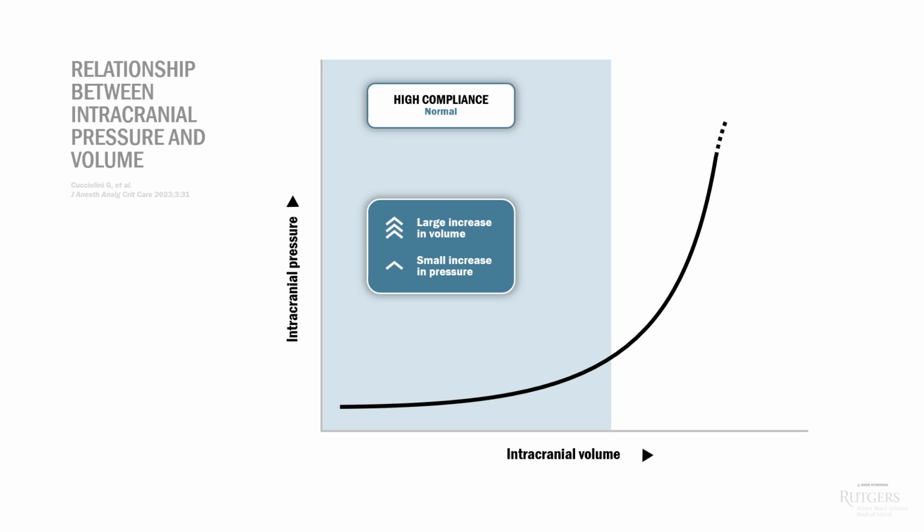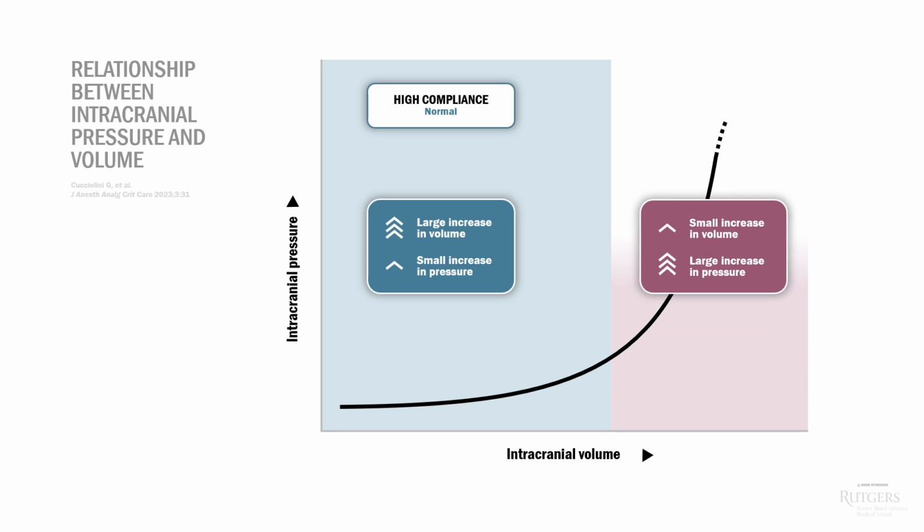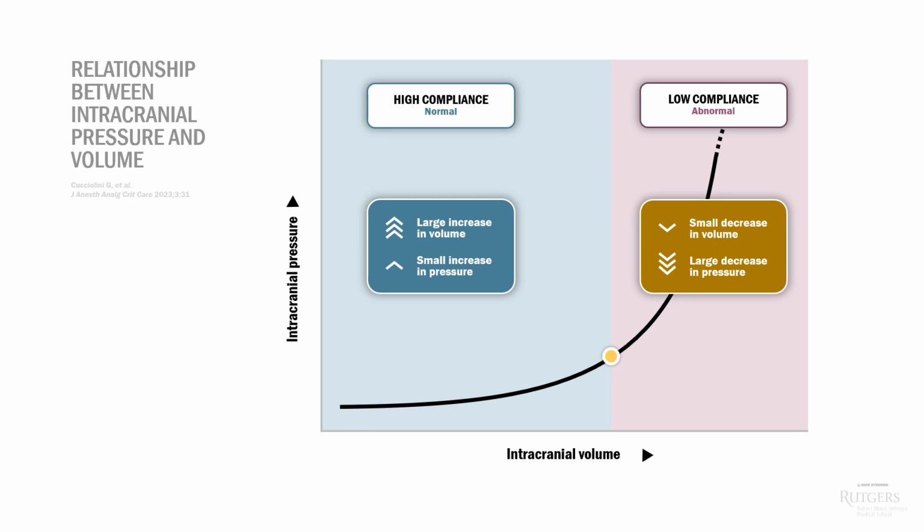And at this point, even small increases in volume increase the ICP exponentially. But the reverse is also true. This is where small amounts of drainage result in large reductions in intracranial pressure. Now you know why we spent so much time understanding external ventricular drainage.